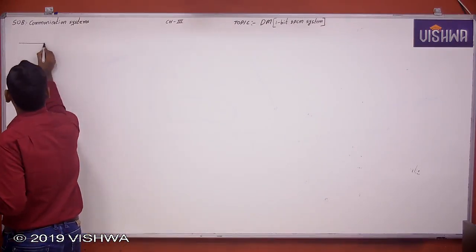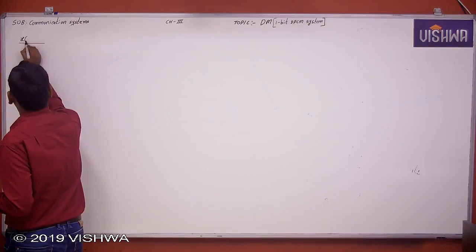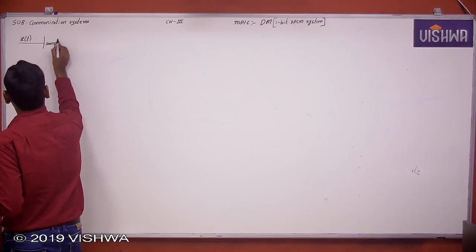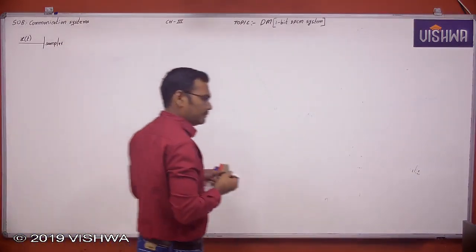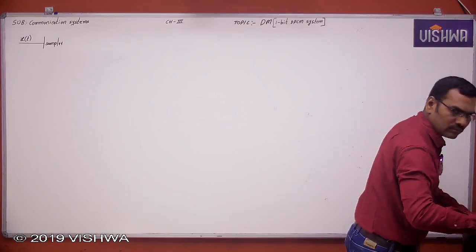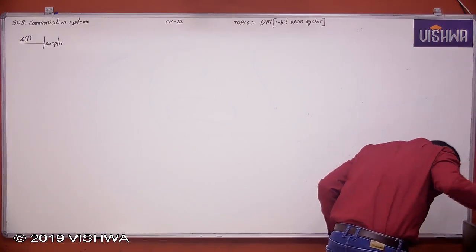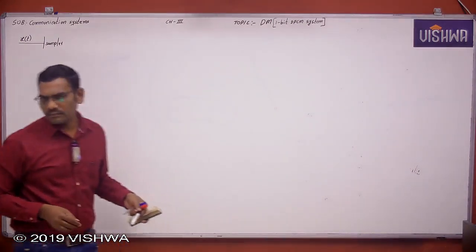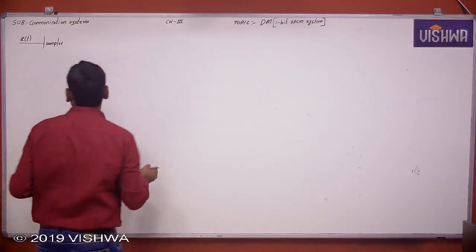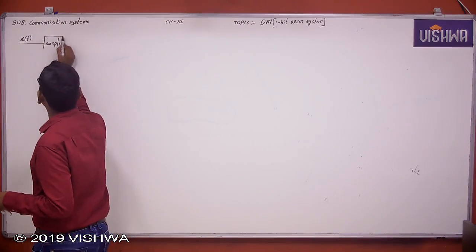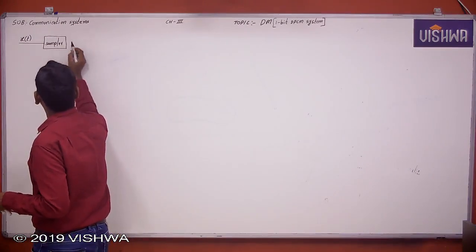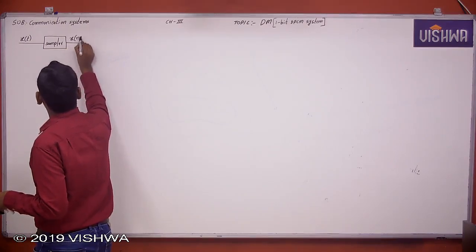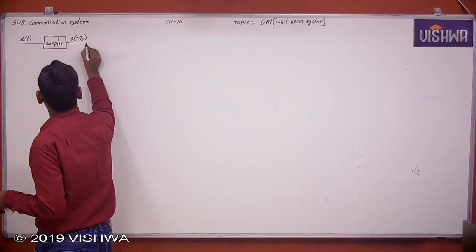Now this is the analog signal which is going for sampling. This is the sampled signal.